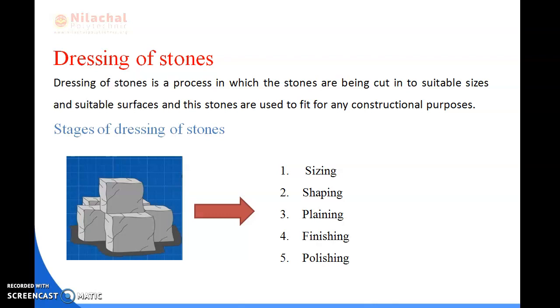Finishing means what? It is done by rubbing the surfaces with an abrasive material known as silicon carbide. Okay. Next is polishing. After all these 4 steps have been completed, the polishing is done. Mainly the stone is polished by hand or by machine to look more attractive. Okay.